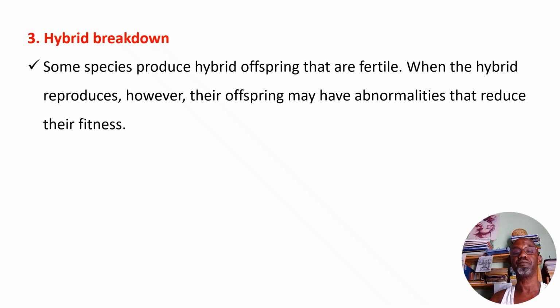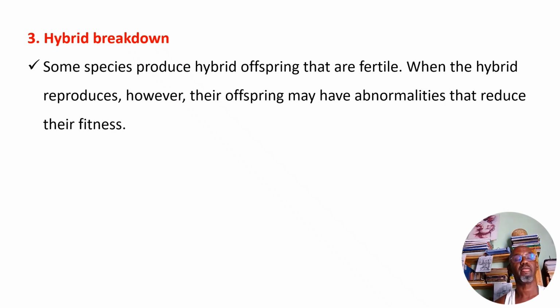The fertile hybrid multiplies and produces F2. The F2, the second filial generation, have a weakness. They may die early in their prenatal and postnatal age, or be too weak to reach maturity, and this is hybrid breakdown or F2 breakdown, they call it.